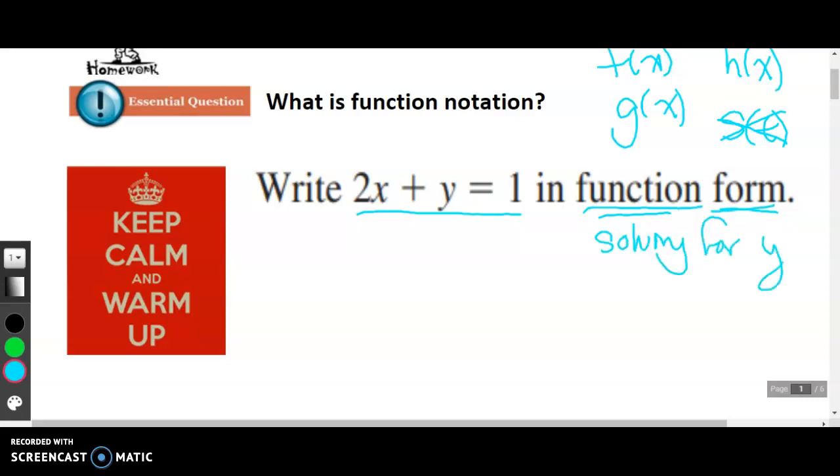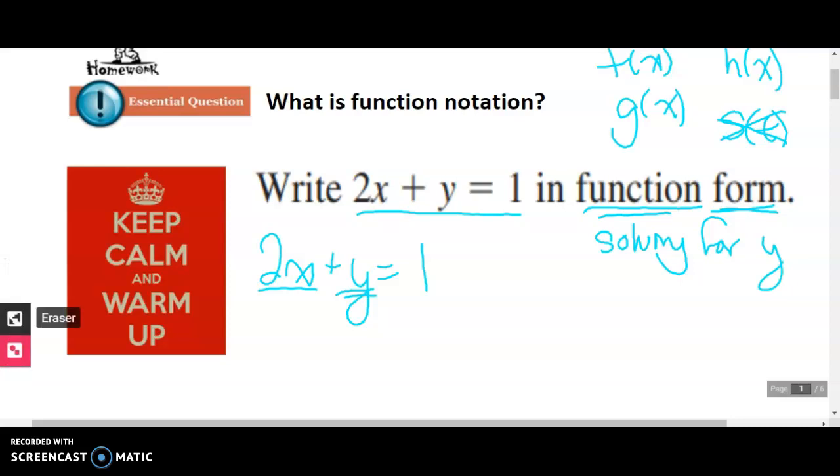Okay? So if we have 2x plus y equals 1, this is not in function form until the y is alone. In order to do that, we're going to get rid of this 2x here. How are we going to do that? We're going to do that by subtracting 2x from both sides.